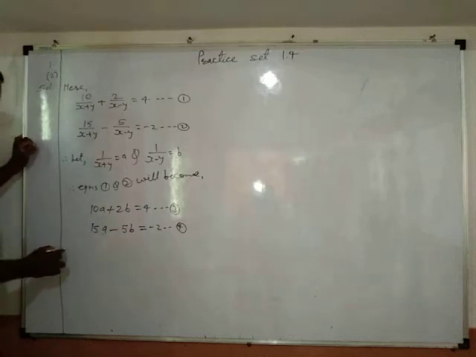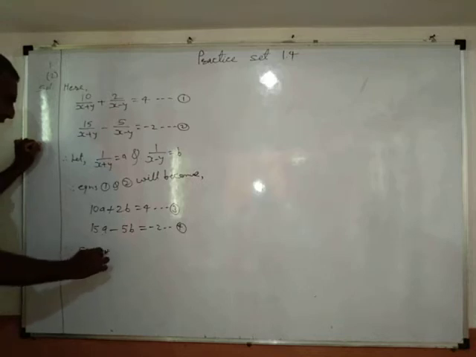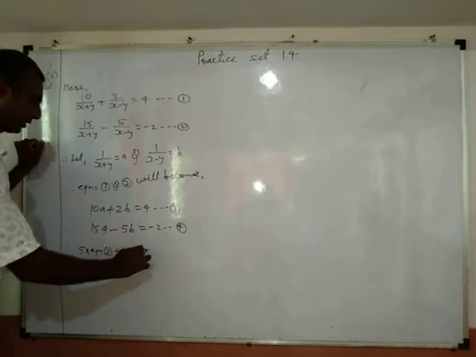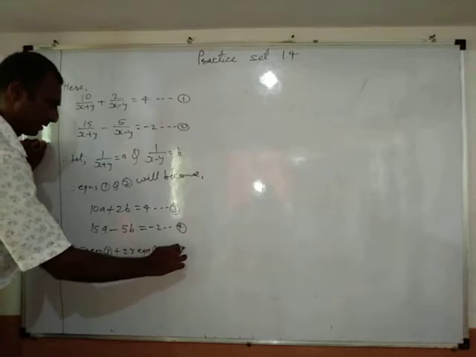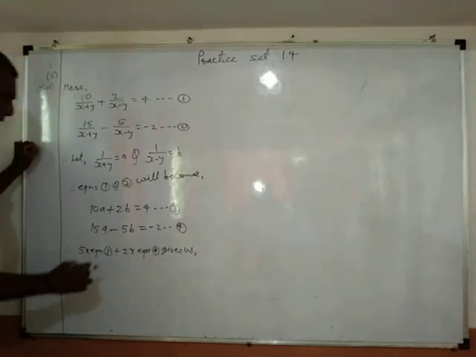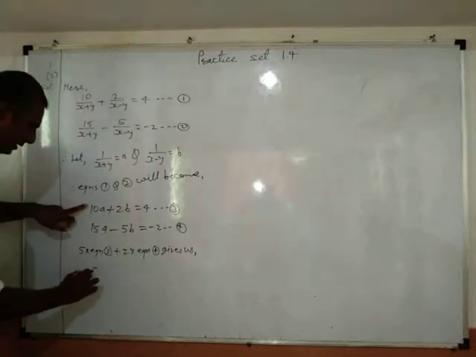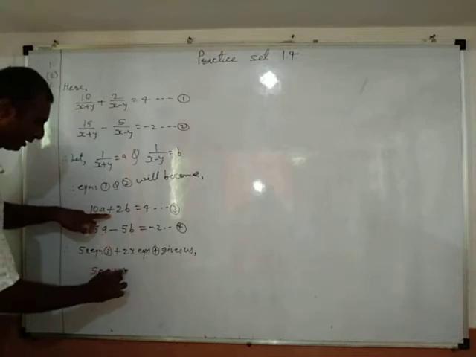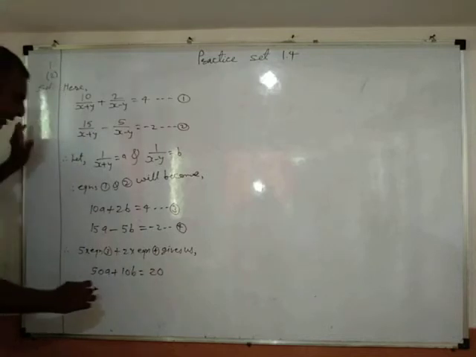Therefore 5 into equation 3 plus 2 into equation 4 gives us, let's see what it gives. 5 into equation 3: 5 tens are 50a plus 5 into 2b, that is 10b, equals 5 fours are 20.